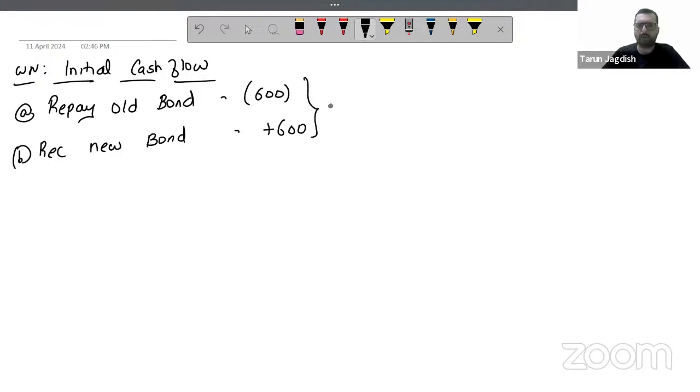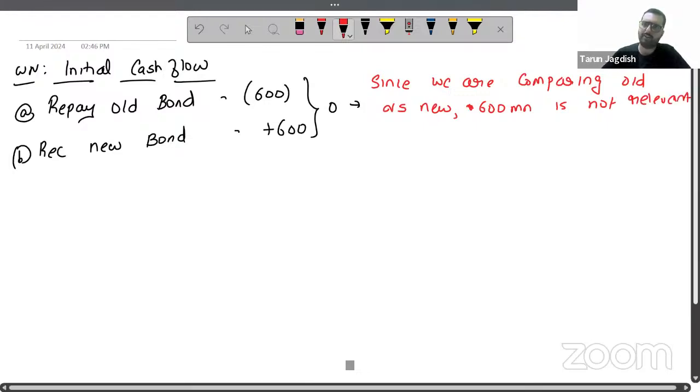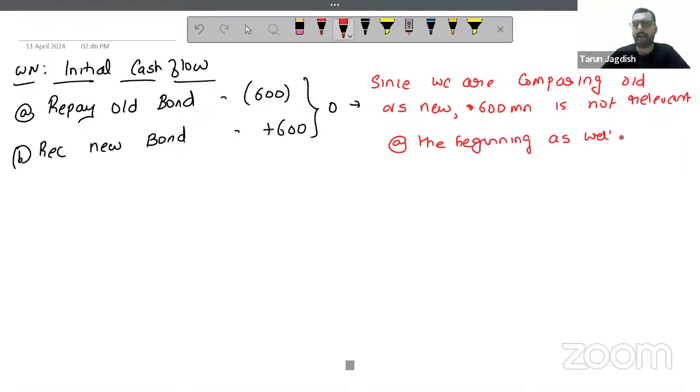Plus. So friends, what is the net effect over here? 0. Okay. Friends, I'll give you a note over here. Since we are comparing old versus new, 600 million is not relevant at the beginning as well as at the end.